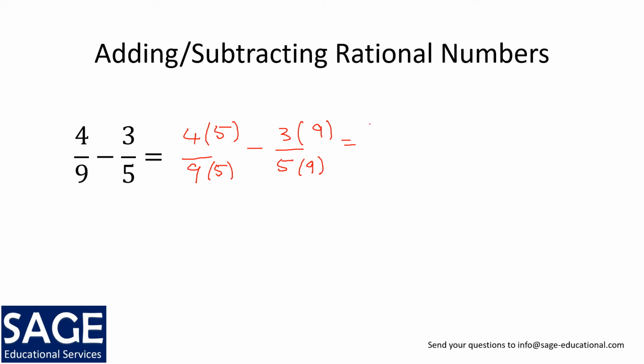So you now have 20 over 45 minus 27 over 45. So 20 take away 27 is negative 7 over 45. There is no number that divides both 7 and 45, so the answer is negative 7 over 45.